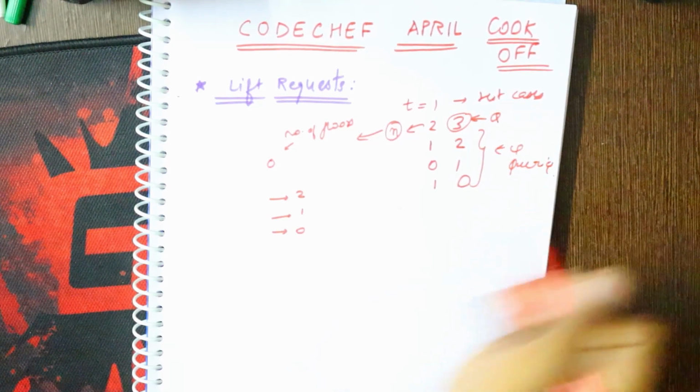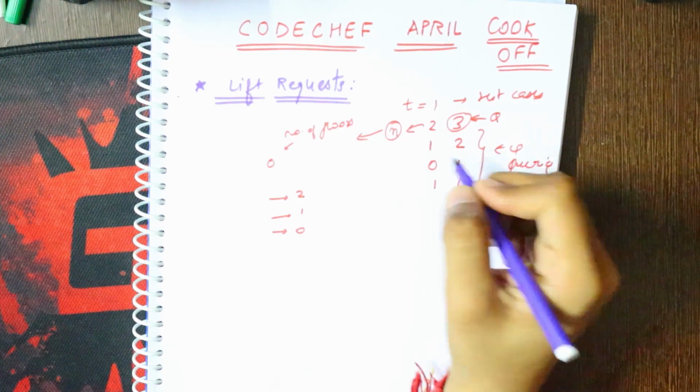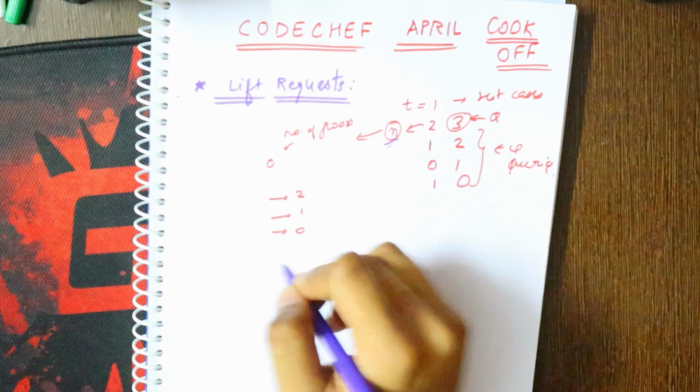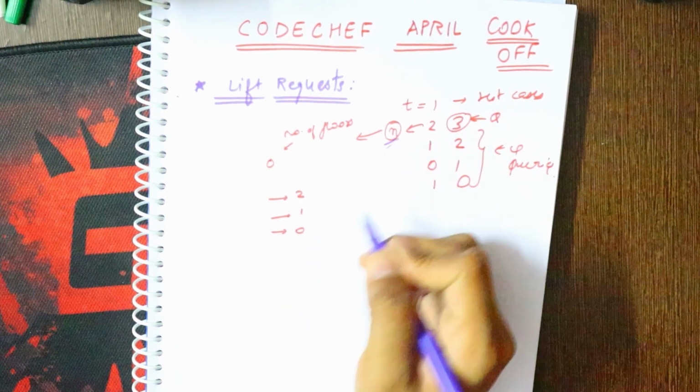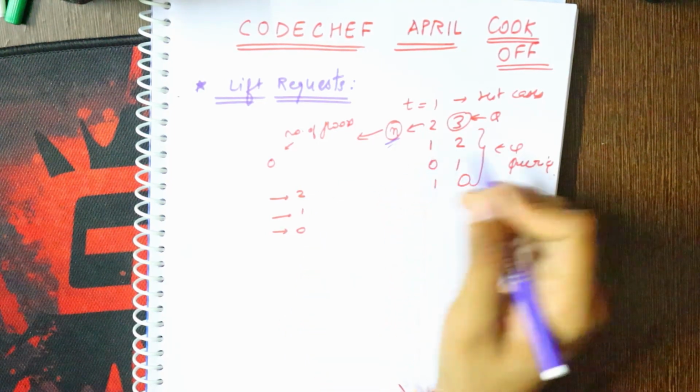queries. So what it basically indicates is a building with n floors starting from the 0 floor. So basically it has 0, 1 and 2 floors, and we have a lift.